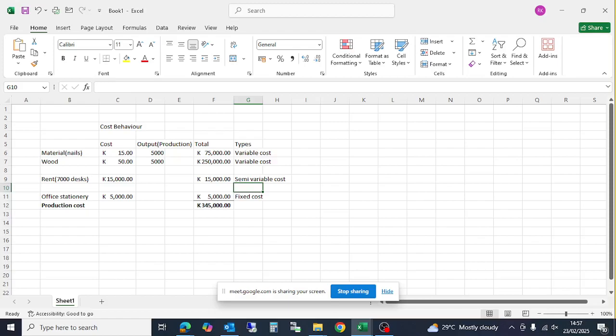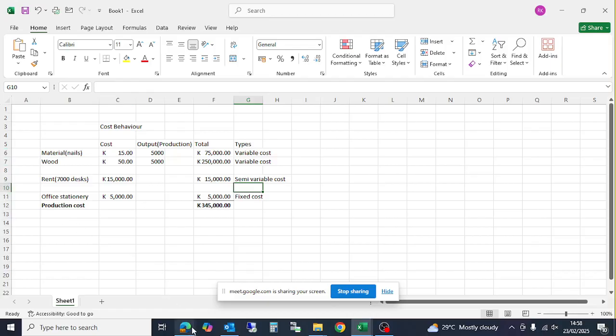So the type of cost is basically an explanation of how that particular cost relates to production. A cost that does not relate to production in any way, like our office stationery, we call a fixed cost. A fixed cost is a type of cost that remains the same regardless of the change in production. Whether production increases or decreases, that cost remains constant, just like our office stationery right here.